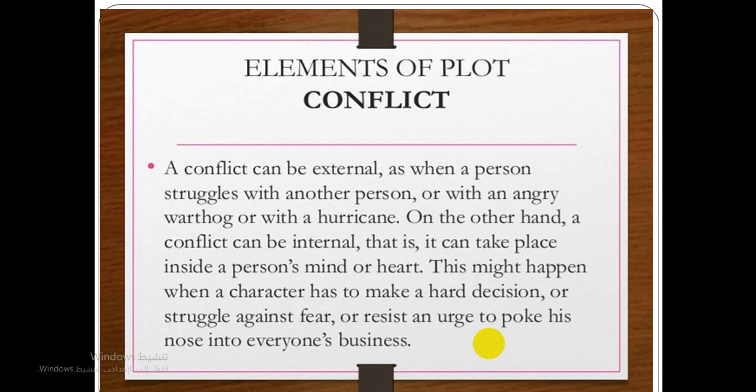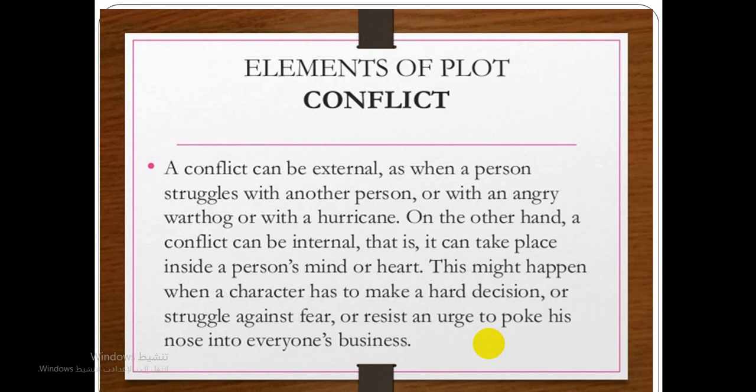Conflict or tension is usually the heart of the short story, and it is related to the main character. In a short story, there is usually one main struggle.